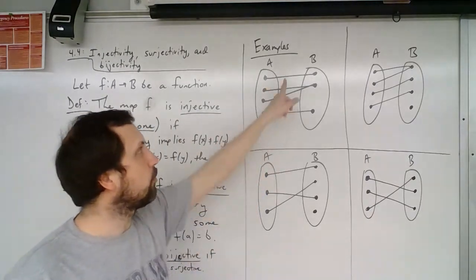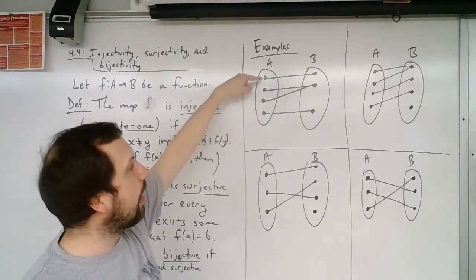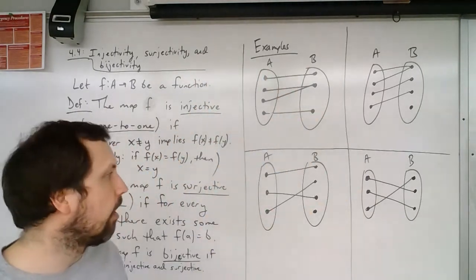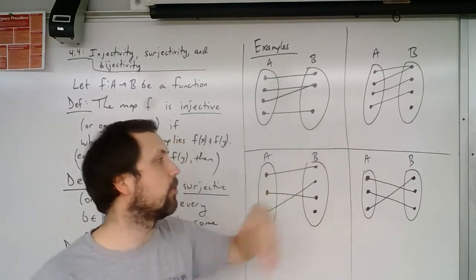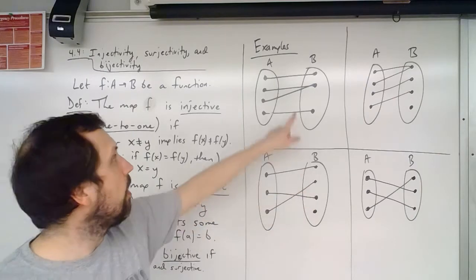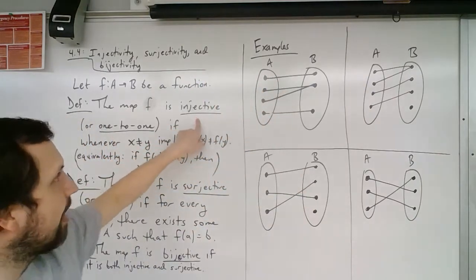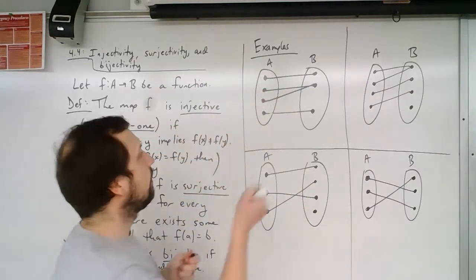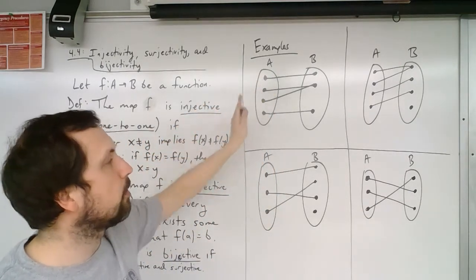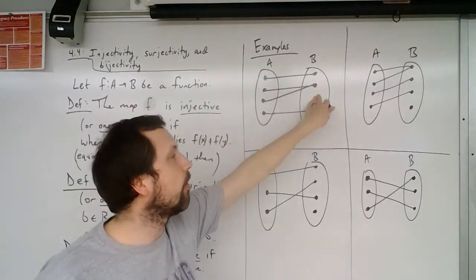If we look at this first one, every element in the domain gets mapped to something in the codomain, so this is at least a function. All four of these are functions, so you don't have to worry about any trick questions. For injective, if we have two different elements in here, they must be mapped to different things in our codomain.